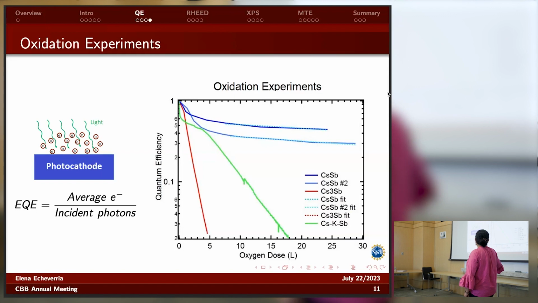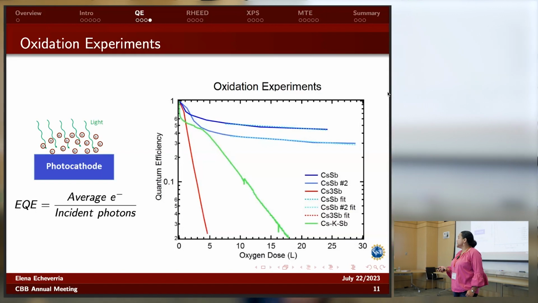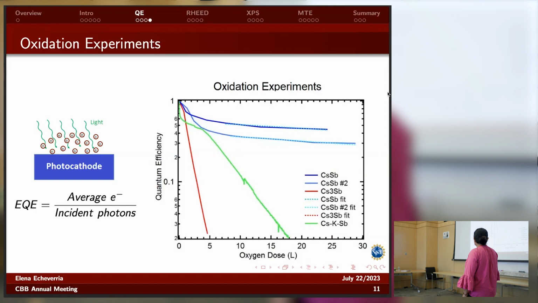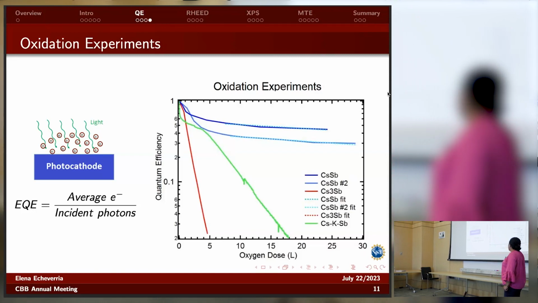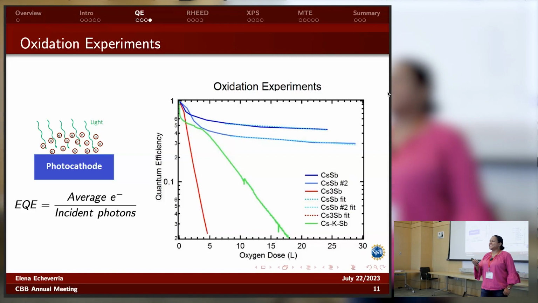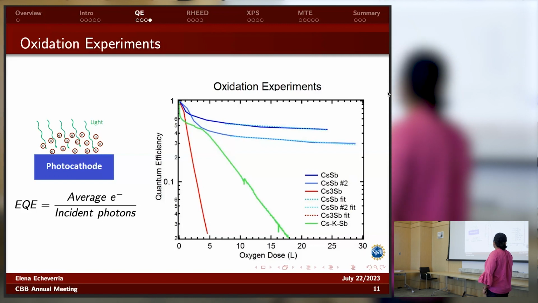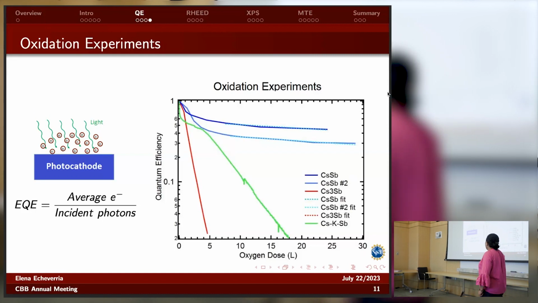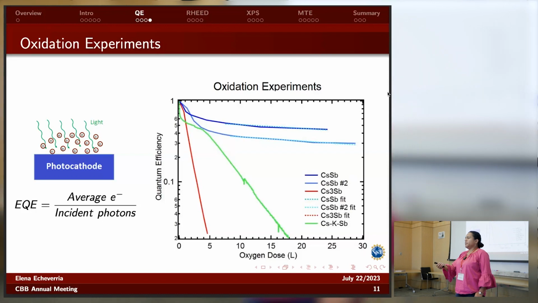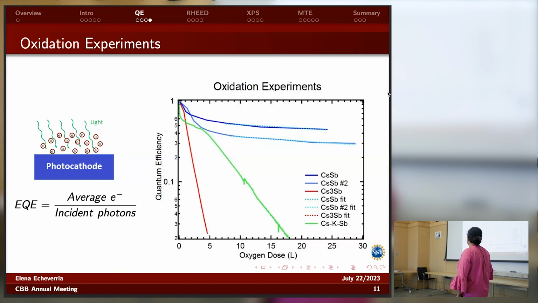The blue curves are for two different CsSb cathodes. The red one is for Cs3Sb, and the green one is cesium potassium antimony. Here we can see why people are interested in CsSb. We are interested in it because it has really high resistance to oxidation compared to Cs3Sb. Cs3Sb can live a little bit or die immediately after being exposed to oxygen, but CsSb will last longer.